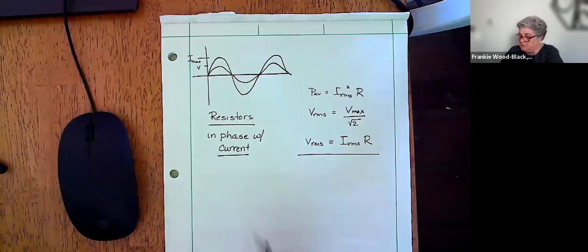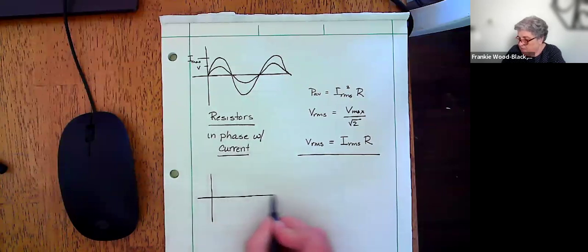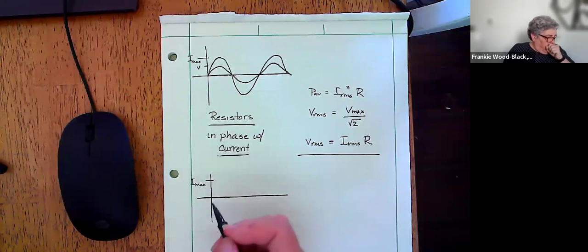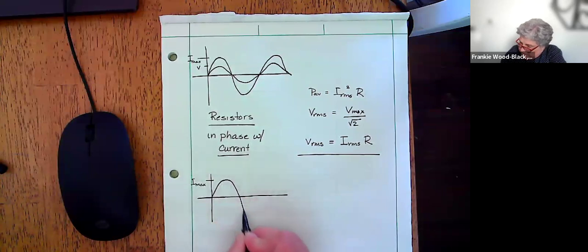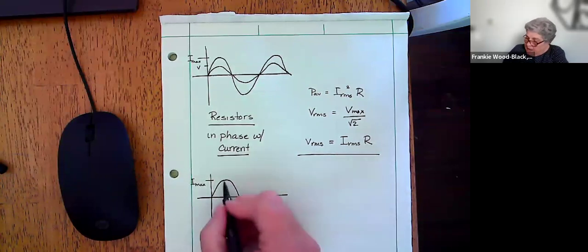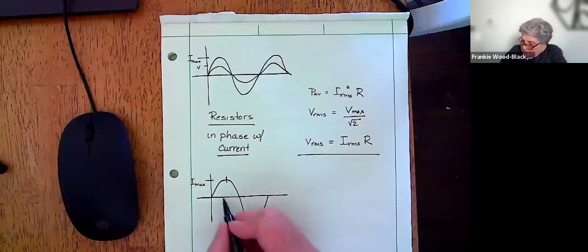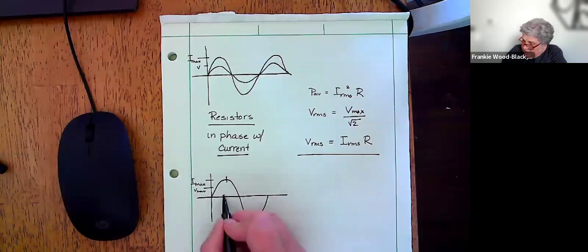And my capacitor, so if we start out with my current, I'm going to draw my current in here. Okay, so there's my current. Now, when I'm at my maximum current, my capacitor, this is the voltage associated with my capacitor, is going to be here.